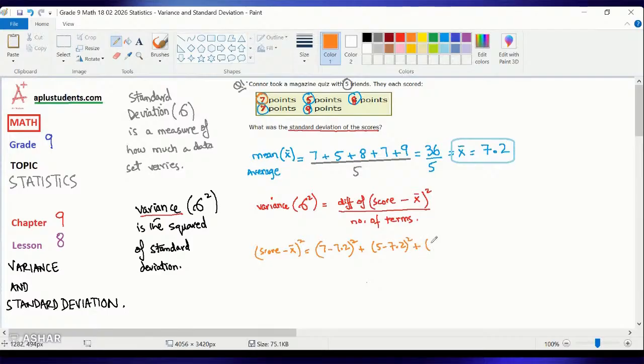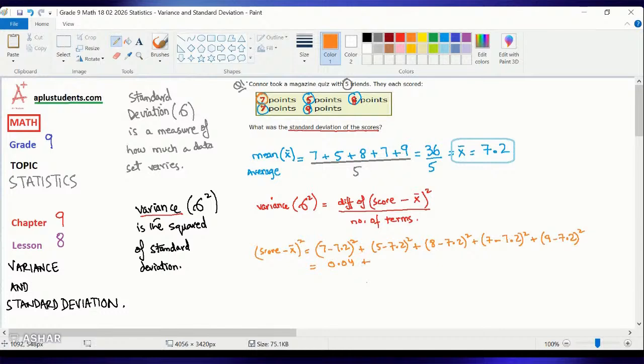Then it would be 8 minus 7.2 squared plus 7 minus 7.2 squared, and the last one was 9 minus 7.2 squared. 7 minus 7.2 squared is 0.04.